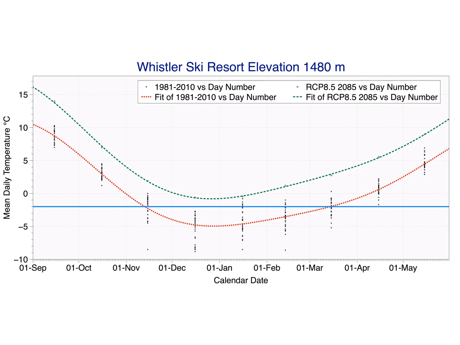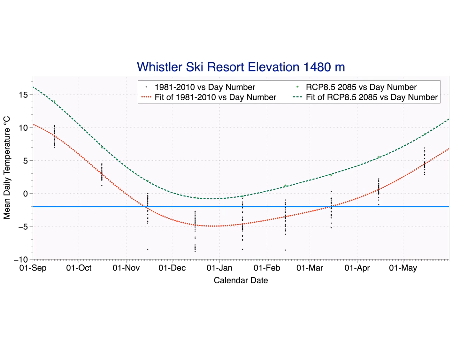Here's a single graph of the change in ski season for Whistler Ski Resort from Ethan's research work. So the red line models when the ski season begins. For Whistler Resort, we're using a temperature of -2 as the timing of when the ski season begins. This is the temperature at which you can make artificial snow.